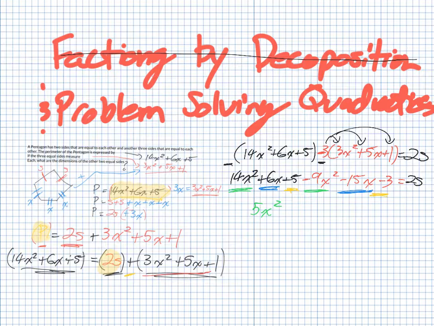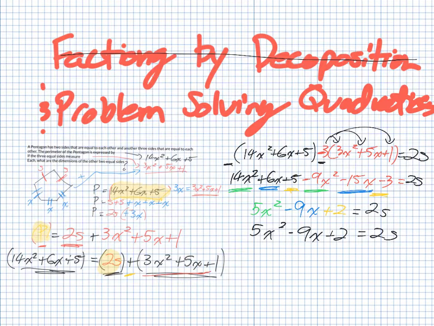Perfect. 6x minus 15x? -9x. Perfect. And then finally, 5 minus 3? 2. Positive 2. Okay. I'm going to write that all in black just so it's a little more permanent and looks easier to see. 5x squared minus 9x plus 2 is equal to 2s.